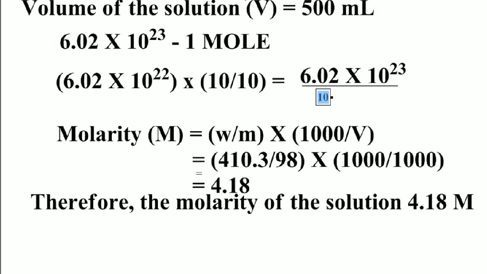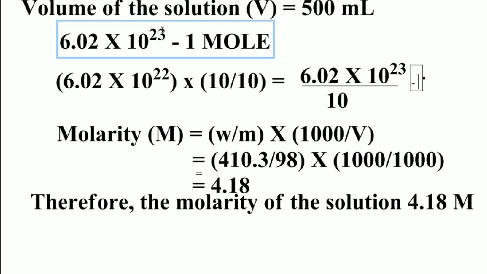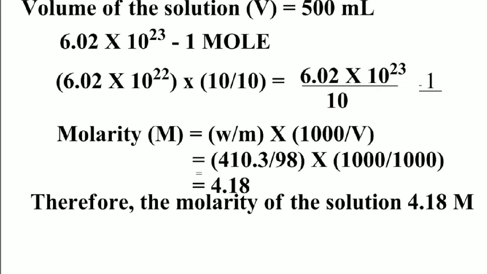So this is the number of molecules for the given solution. Therefore 6.02 into 10 to the power of 23 can be written like this, that equals 1 by 10 mole. So 6.02 into 10 to the power of 23 means 1 mole.